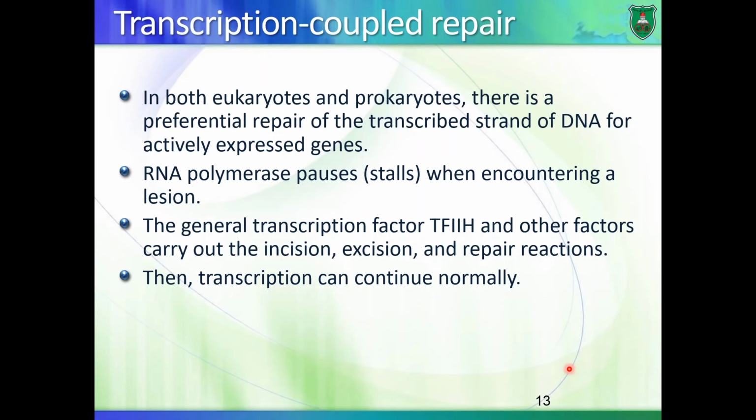Okay, so the thing is that it has also been noticed that there is a preference for repairing actively transcribed genes. Okay, in a way it makes sense. You want genes that are active to be repaired so that cells would function normally.